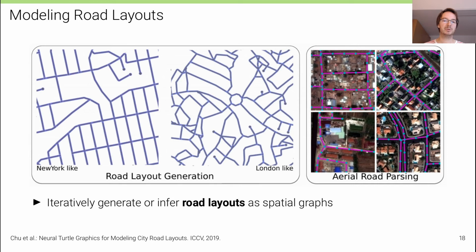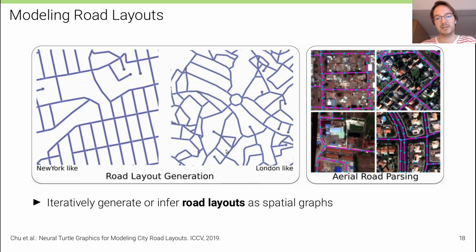Here's another example. Road layouts are also something that is hard to specify in a fixed length vector structure representation. Typically they are represented, if you think about Google Maps or OpenStreetMap, as spatial graphs with vertices and edges. And so these RNNs can also be used to generate such spatial graphs. As you can see here, this is a model that has been trained on New York, so you get New York-like street patterns.